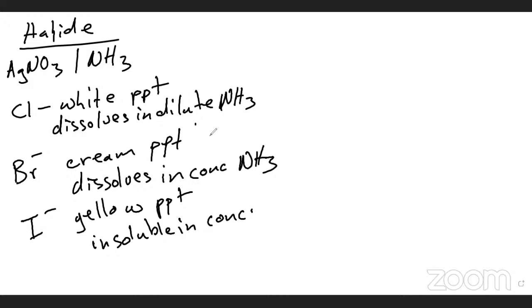In terms of half equations, they can ask you for half equations. What is going to happen is that the halide ions are going to combine with the silver ion to give you silver chloride, which is a precipitate.